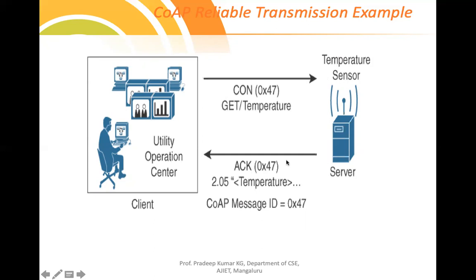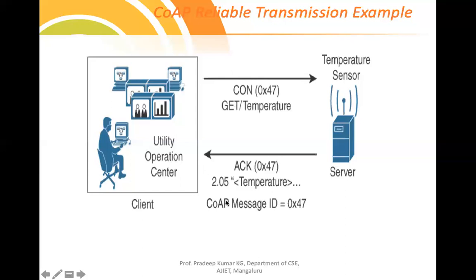Then together with the acknowledgement of reception of this connection request, it will send the temperature data to the client. Please observe, we followed a connection request with a number, and the server sent the same number as acknowledgement.